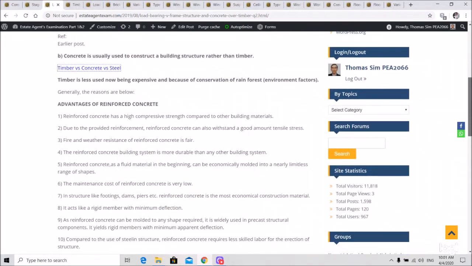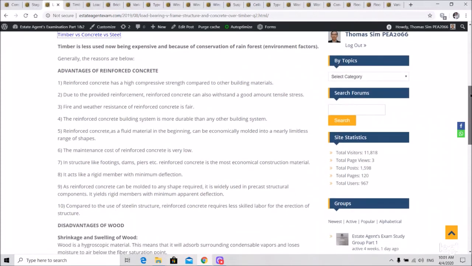So generally, essentially, you understand that timber is also rare now because of cost, because timber now is very rare, very expensive. Concrete has got advantages better than timber. That's why it is now more on using concrete. So generally, here are the advantages of reinforced concrete.